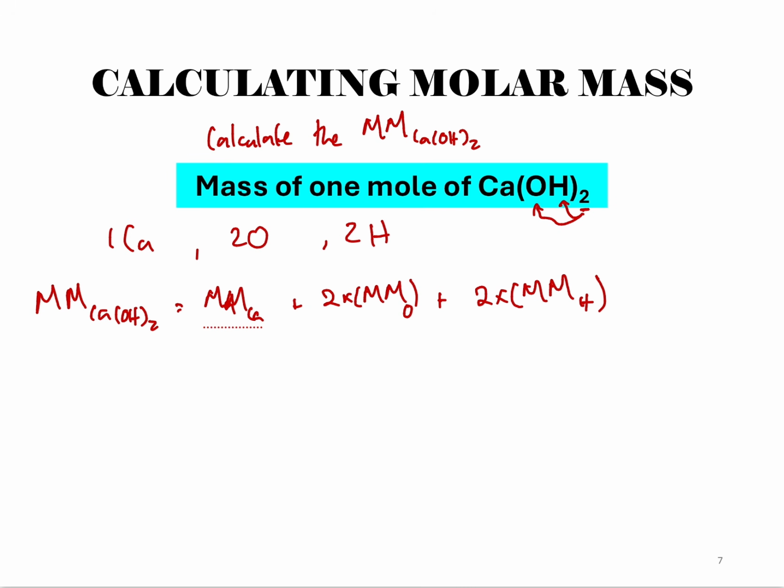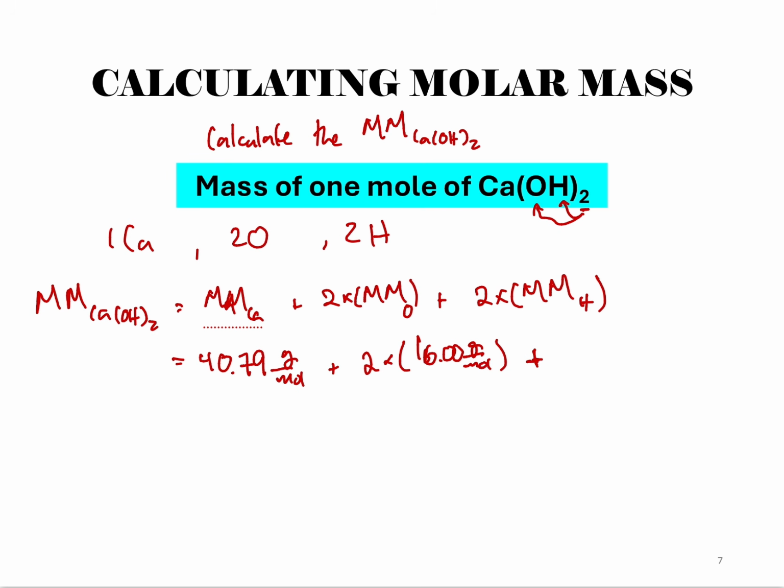And each of these values that I've written here, I get from the periodic table. And so calcium's molar mass, if we look at the periodic table, is 40.79 grams per mole. Make sure we include our units, plus 2 times 16.00 grams per mole, which is just a rounded version of the one we used on the previous slide.